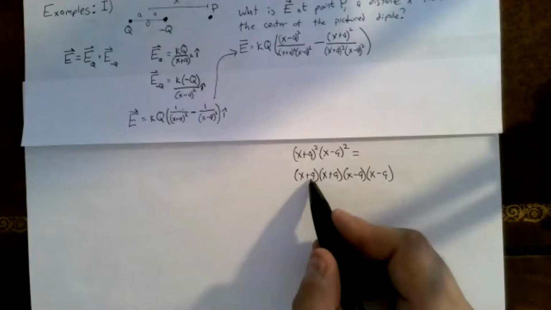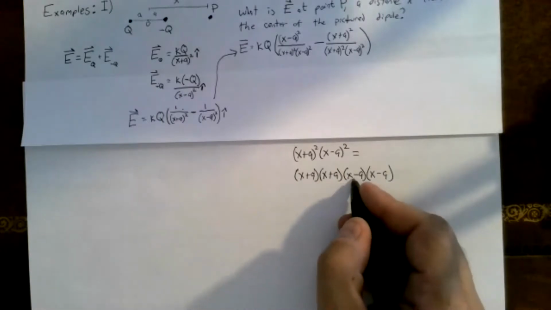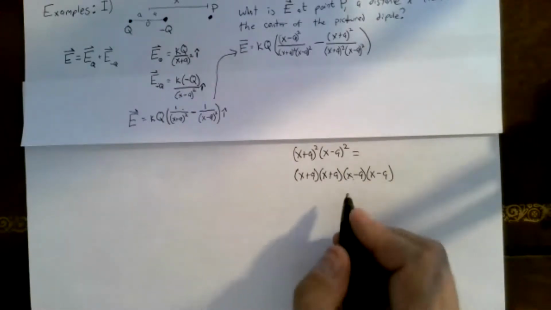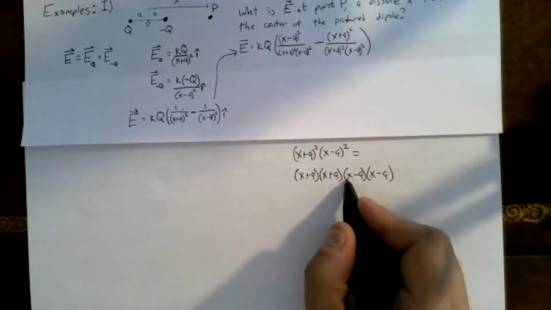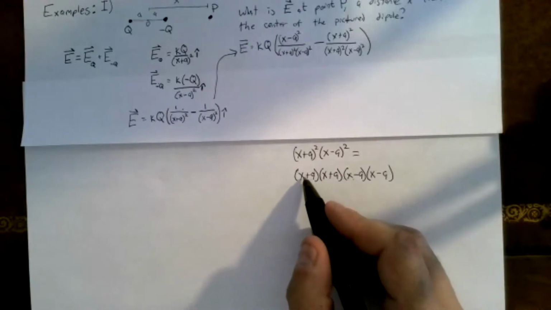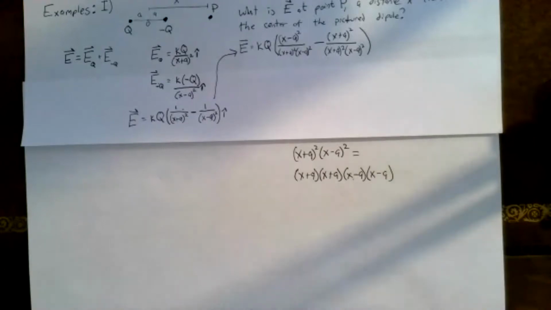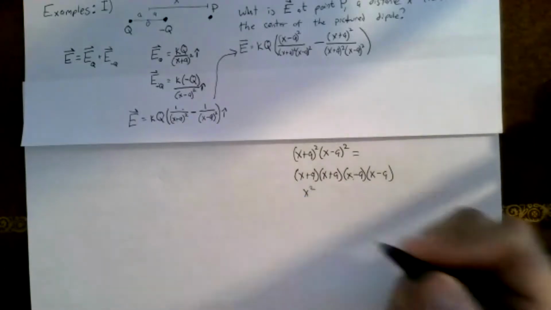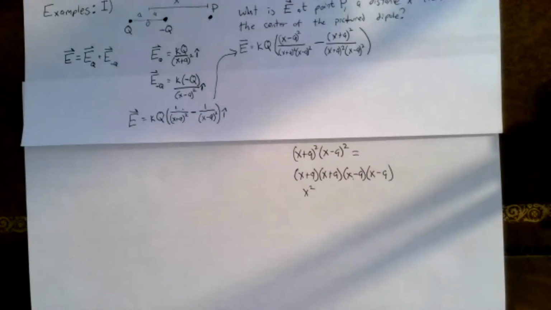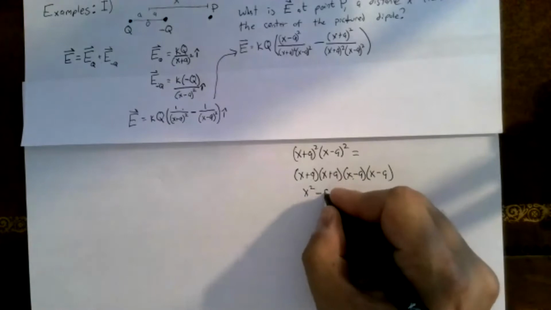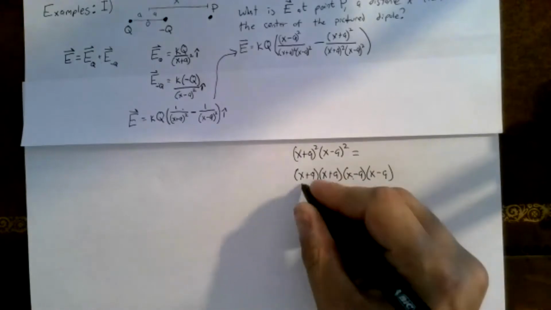And I know that if I do an (x + a) times an (x − a), you guys have probably done this more recently than I have, that's a simpler form, right? What's (x + a) times (x − a)? That's x² − a². Yeah, that's right.